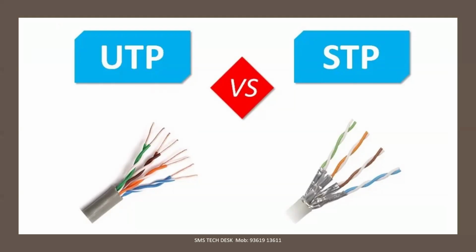Here you can find an aluminum foil inside the twist. Every cable has been twisted, right? So in that you can find an aluminum foil. That is called shielded twisted pair cable.